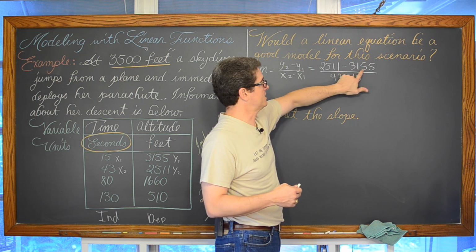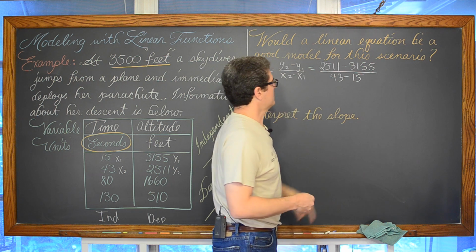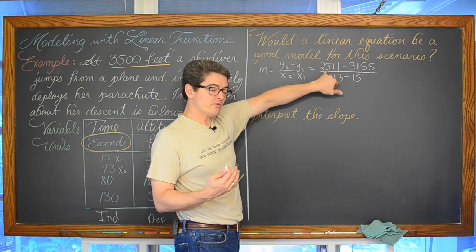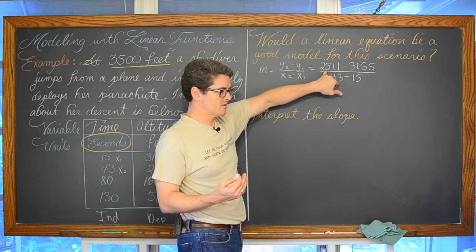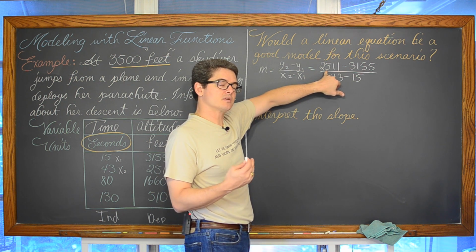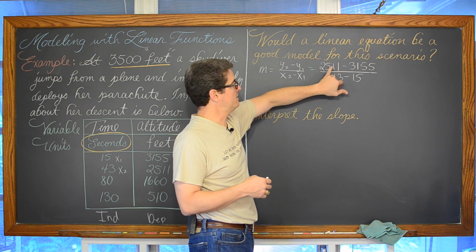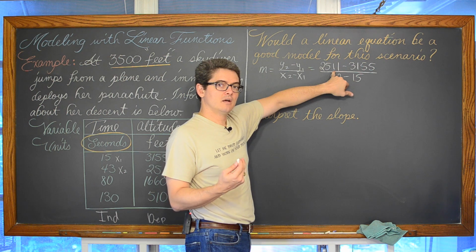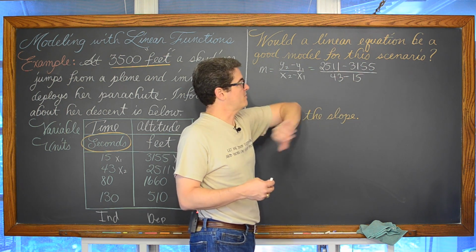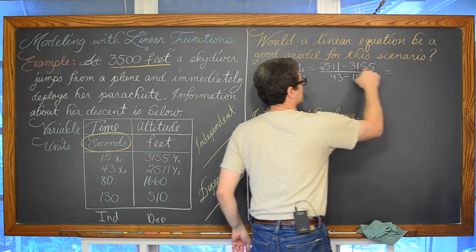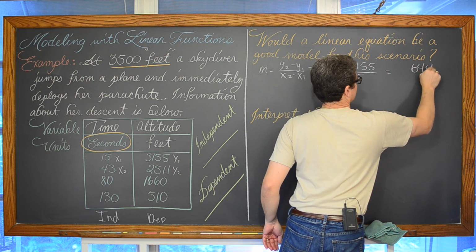So 1,155. 1155 minus 500 is going to be 655. And now 655 minus 10 is going to be 645. And 645 minus 1 is going to be 644. And let's get the 644 down there before I forget what I said.